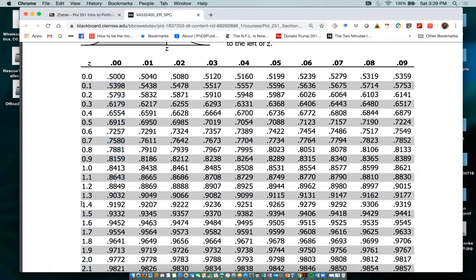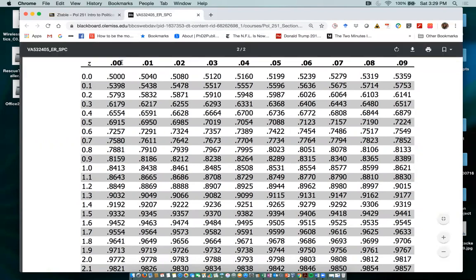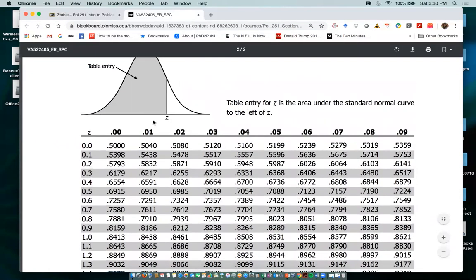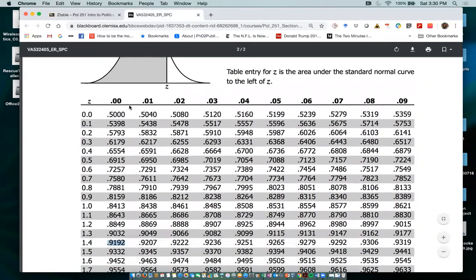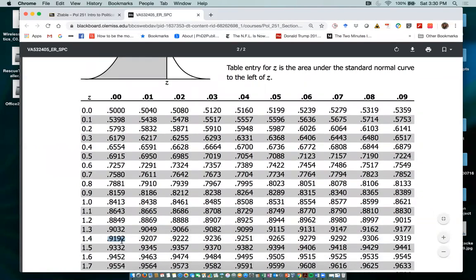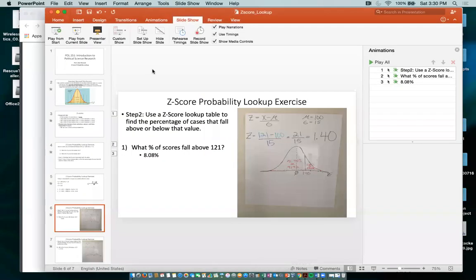So there's the ones place, the 10th decimal place, and here's the 100th decimal place, 1.40. And that coincides with a value of 0.9192. So this area under the curve, this shaded gray area, is 0.9192.